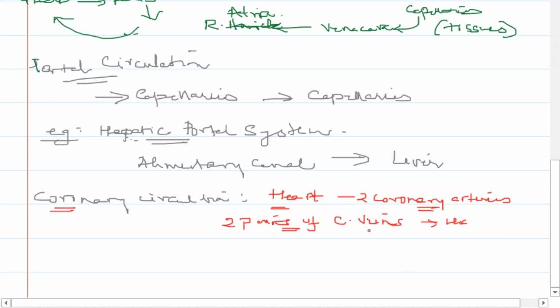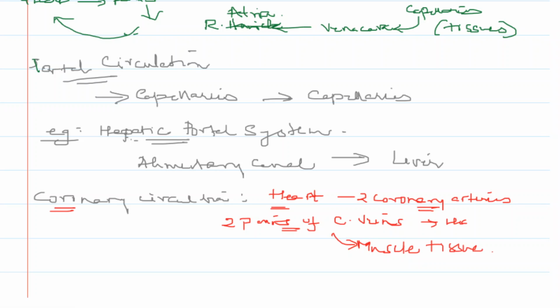Okay, so this supplies the muscle tissue because it is doing a lot of work, right? Continuously beating because of the contractions of the heart. And so that brings to the end of the circulation, the four different types: the double circulation, the systemic and the pulmonary, and the portal circulation, which starts off from the alimentary canal and goes to the liver, and the coronary circulation, which supplies blood to the muscle tissue of the heart so that it does its work.